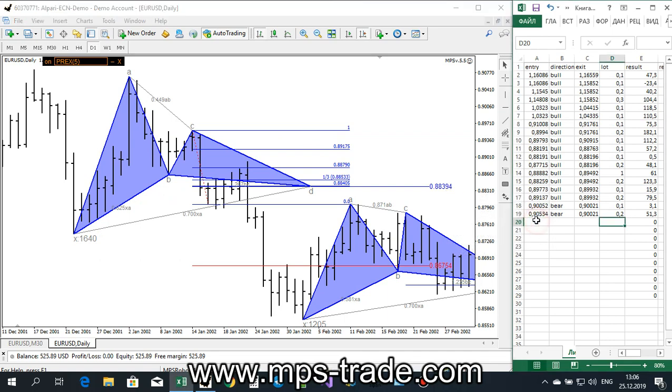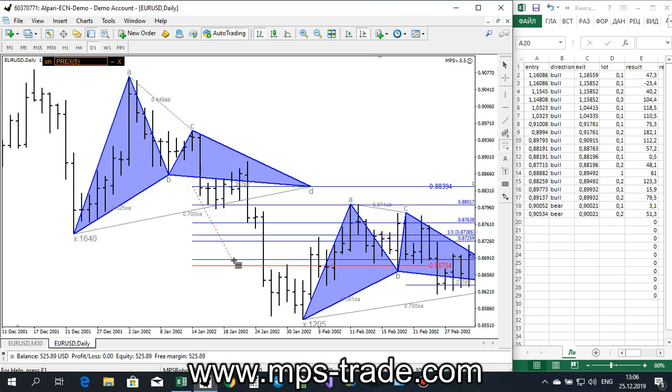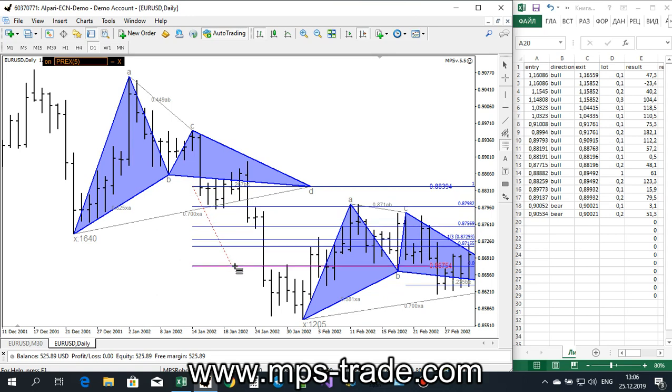So how do we calculate this? We only had one trade, I suppose. Let me delete it. At this candle, which was the lowest before it hit 1/3, the second level was not hit, so we only had one trade.